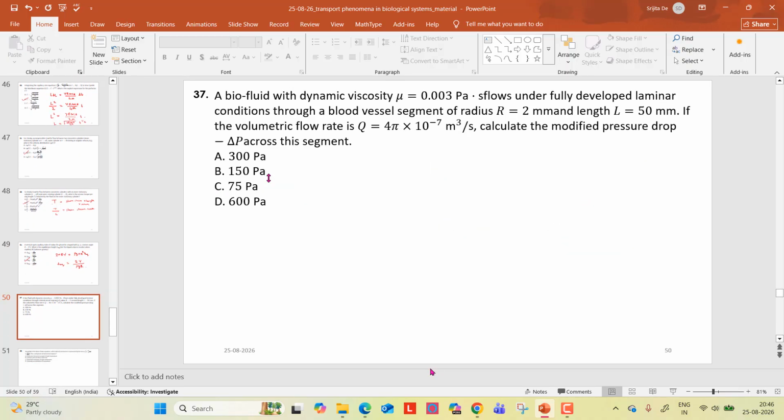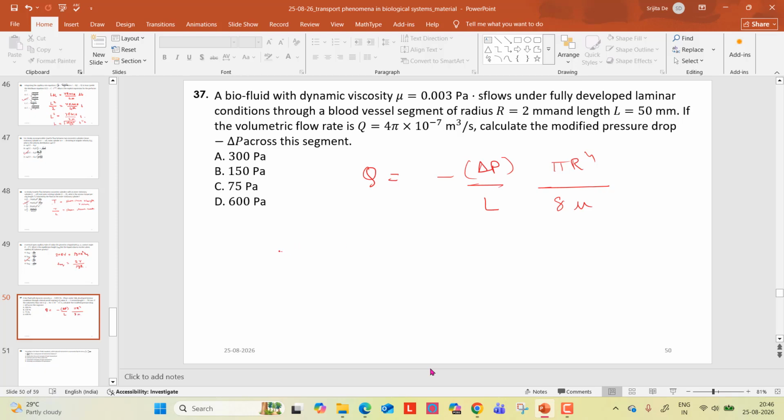Next. A biofluid with dynamic viscosity flows under fully developed laminar conditions through a blood vessel segment of radius r. If the volumetric flow rate is this, calculate the modified pressure. So we know that Q equals minus delta P by L into pi r to the power 4 by 8 mu, right?